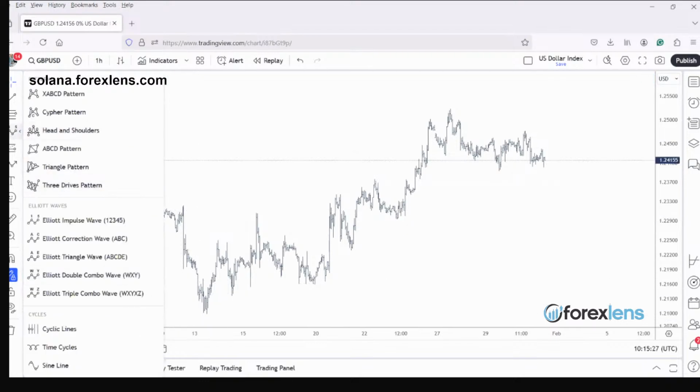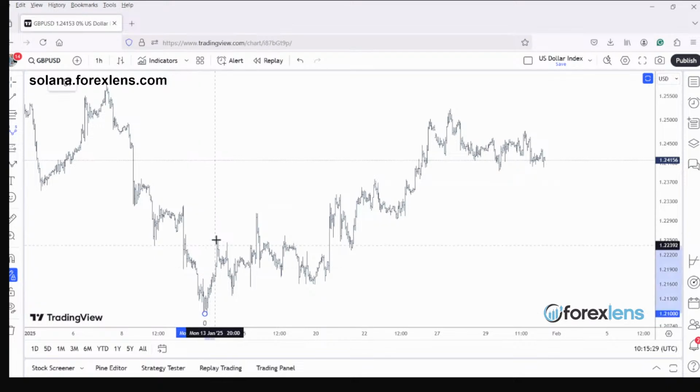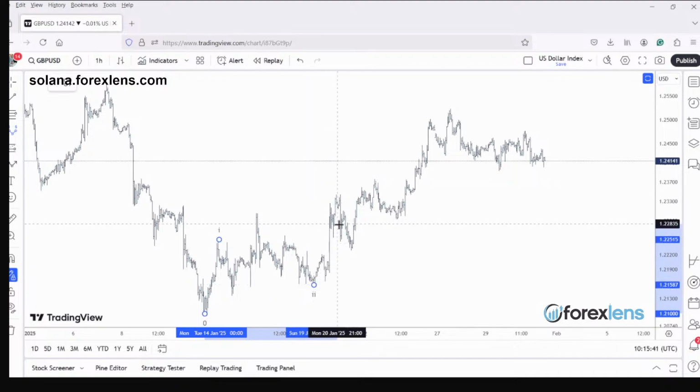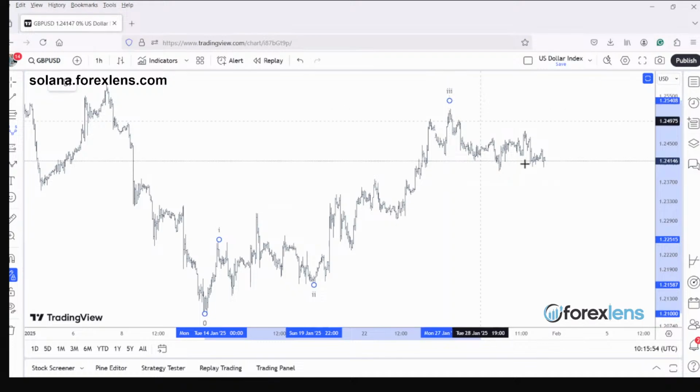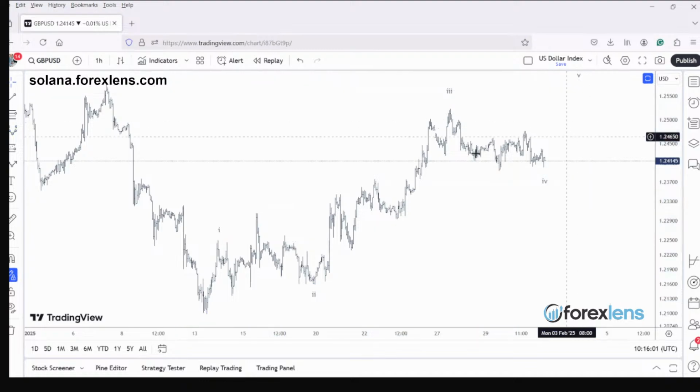You can see wave one, and then A, B, C. That could be wave two, and then one, two, three, four, five. So that could be wave one of three, two of three, three of three, four of three, and five of three. So is it wave three here? Quite possible, correct? And wave four there. It is quite possible that we still have one more leg to be completed on the north side.